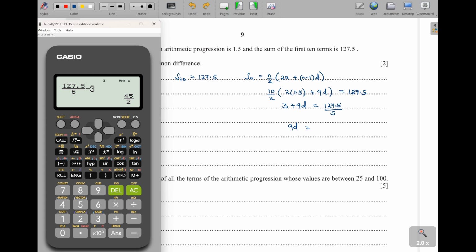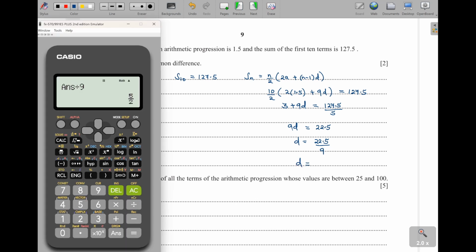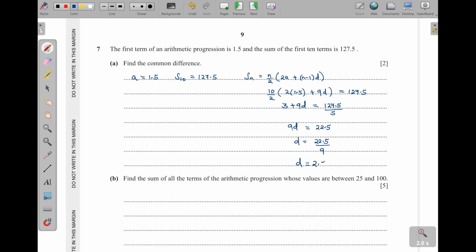So minus 3. We shall get 45 over 2, which is 22.5. And therefore, d will be 22.5 divided by 9. So what is our answer here? Divide by 9, that will be 5 over 2, which is 2.5. So 2.5, as simple as that.